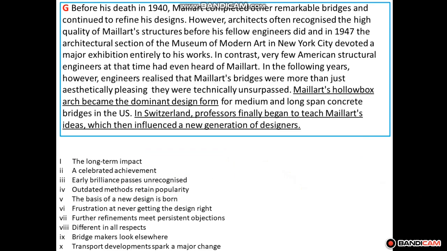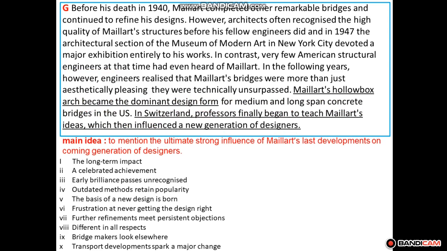All right, now G. Okay, the main idea here is to mention the ultimate strong influence of Miller's last developments on coming generation of designers. Okay, and where is it? It's in the second last sentence.